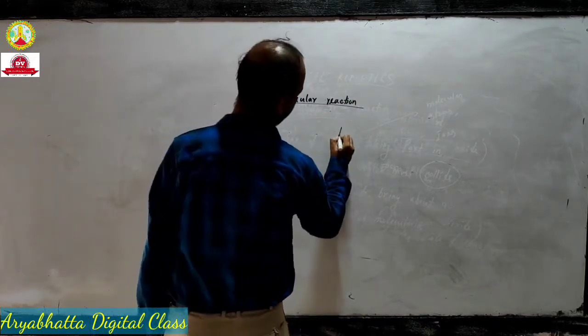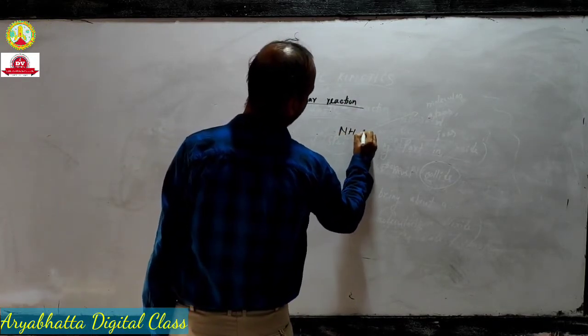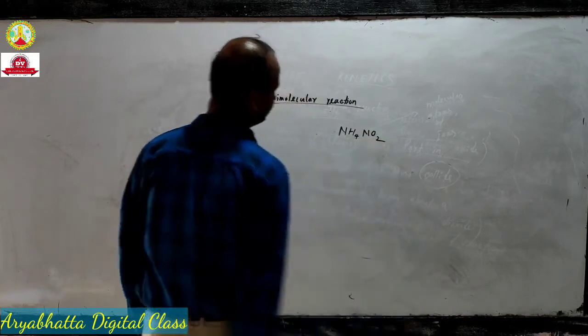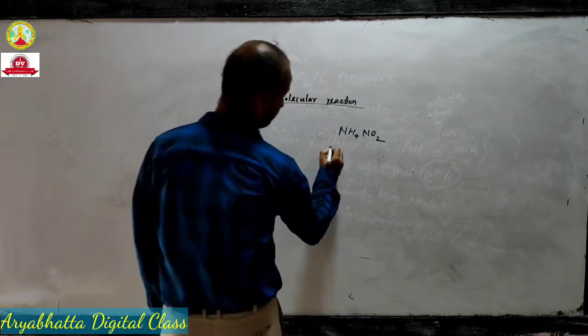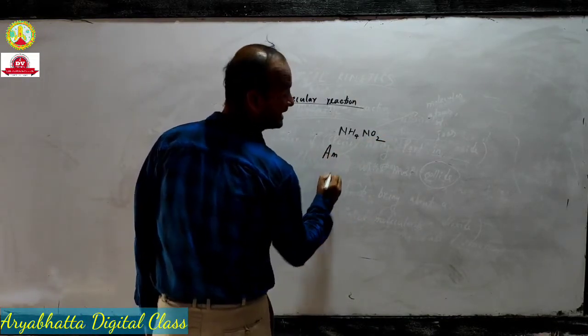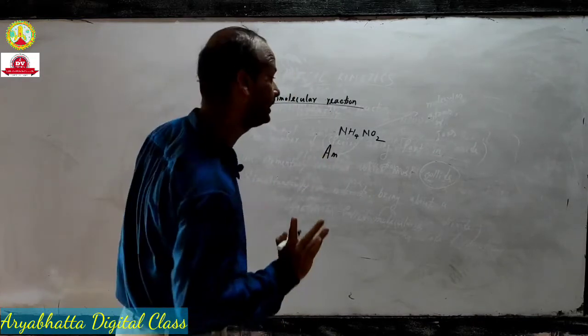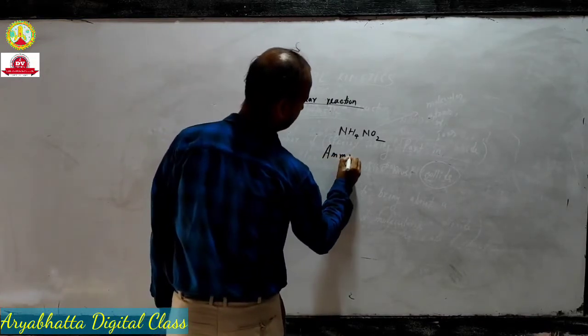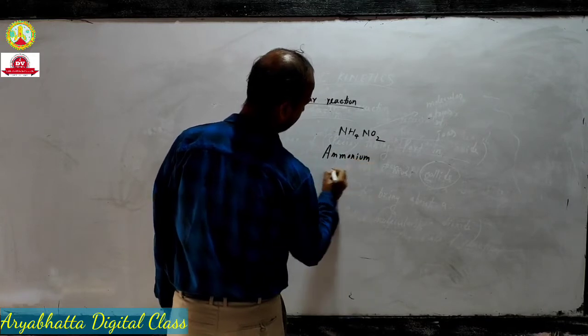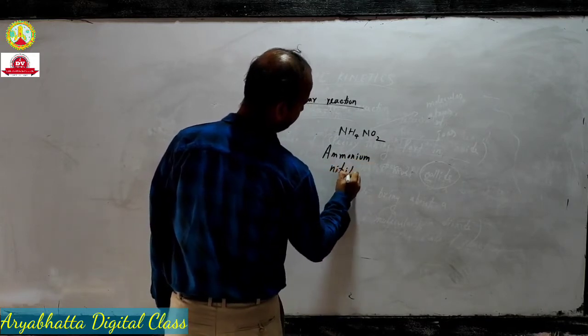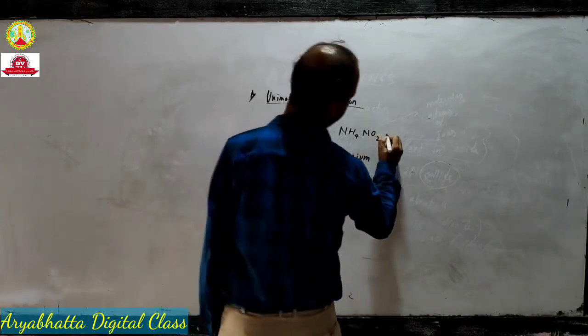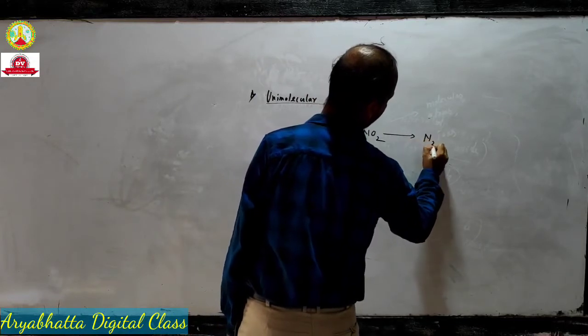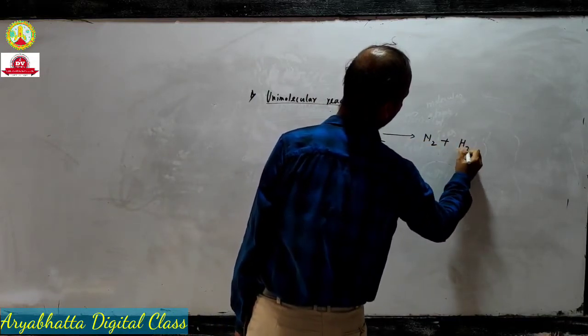Now let's see. The name of this compound is ammonium nitrite. Please see the spelling carefully: ammonium nitrite, not nitrate. It breaks like this. This is N2, this is H2O.